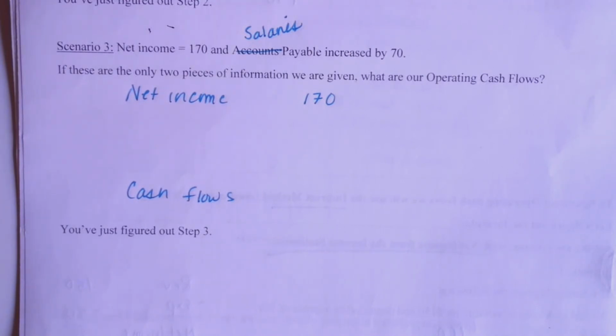So what probably happened was we had debit cash, credit revenue of 240. So if this is what happened, then we'd have revenue minus expenses, 240 minus 70 gives us net income of 170.